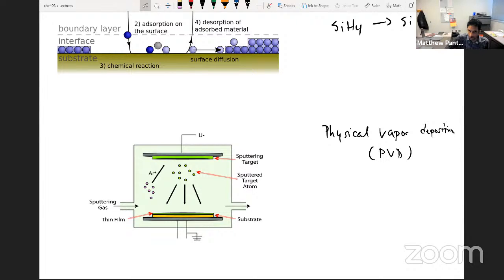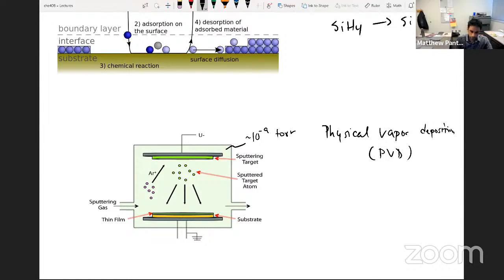Essentially, these atoms go everywhere in this chamber. Usually this will be a very, very low pressure chamber, typically something like 10 to the minus 9 torr inside of there. Likewise for the one above.